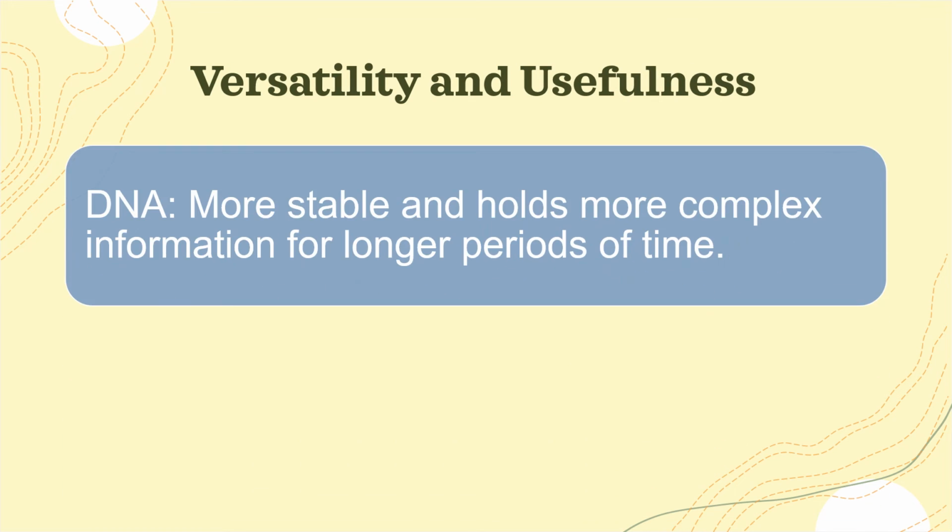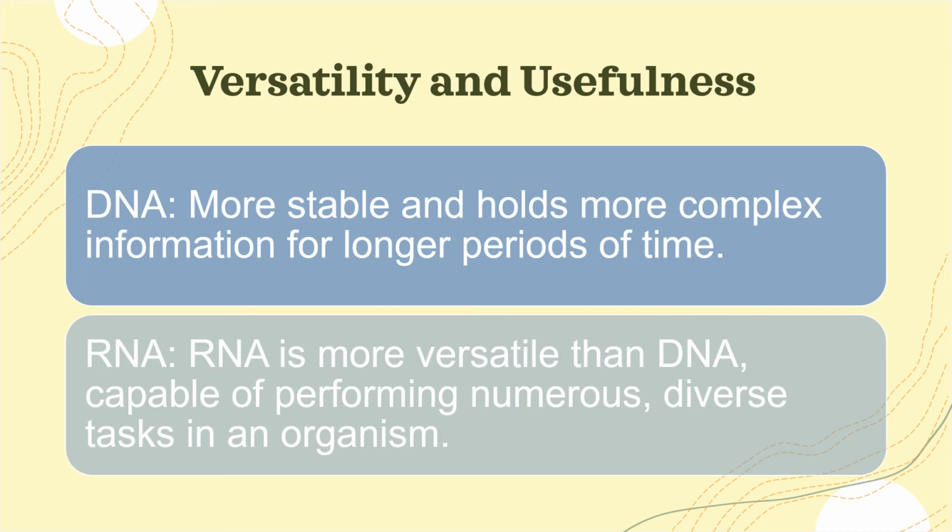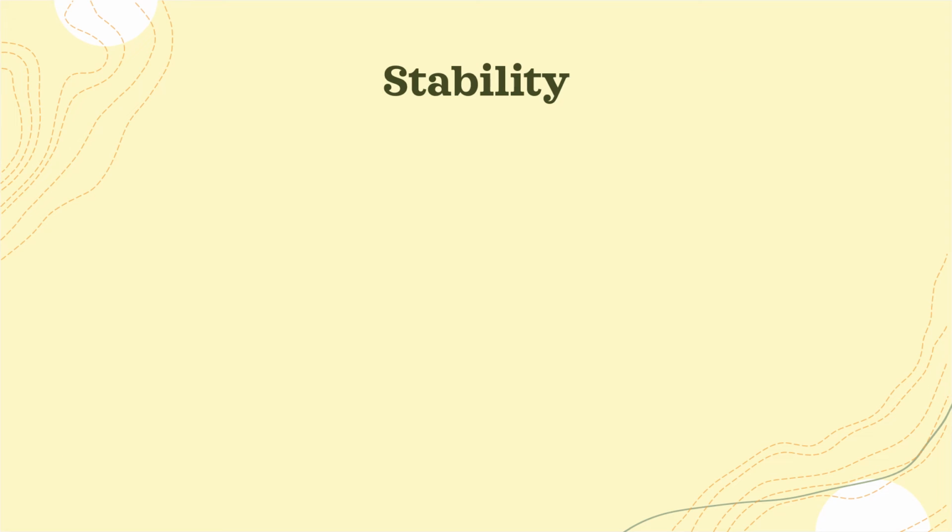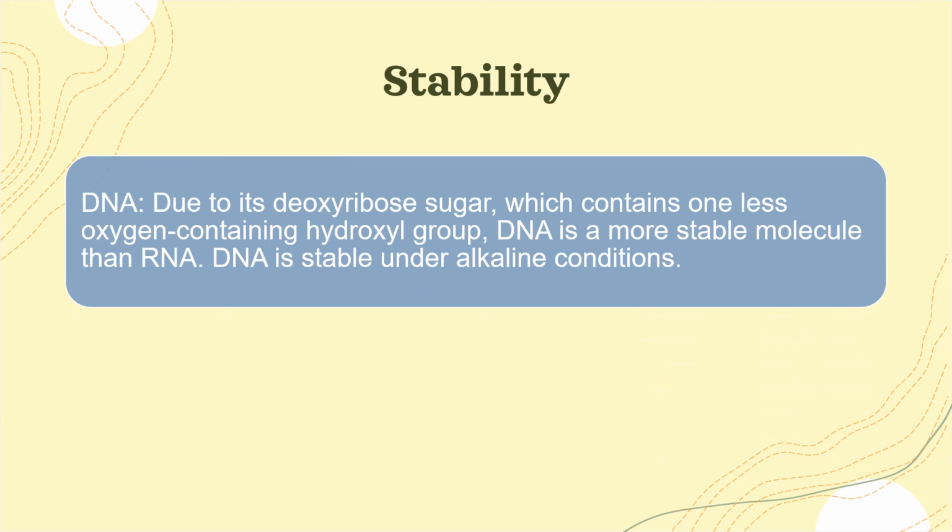Versatility and usefulness. DNA is more stable and holds more complex information for a longer period of time, while RNA is more versatile than DNA, capable of performing numerous diverse tasks in an organism. Stability. Due to its deoxyribose sugar, which contains one less oxygen-containing hydroxyl group, DNA is a more stable molecule than RNA.